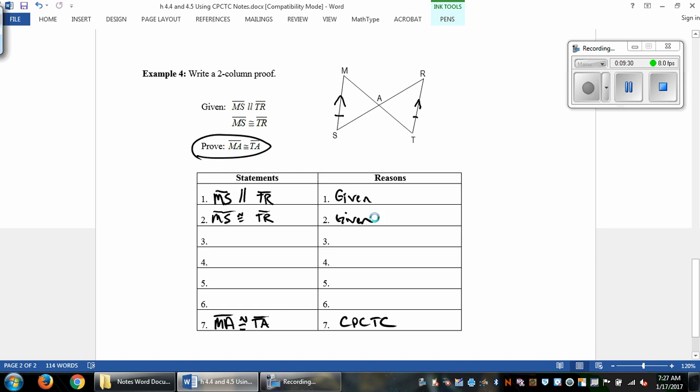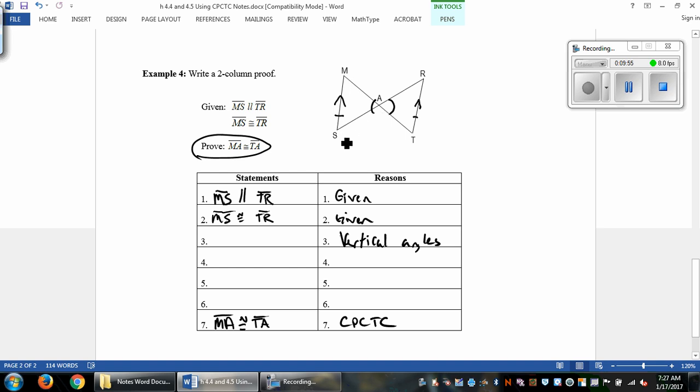Alright, so we can look and try to figure out the things that we have here. One thing that I notice, again, we've got the lines crossing, so I'm going to have congruent angles right there because of the vertical angles. So I'll write in vertical angles so I don't forget. And now we need to list them.